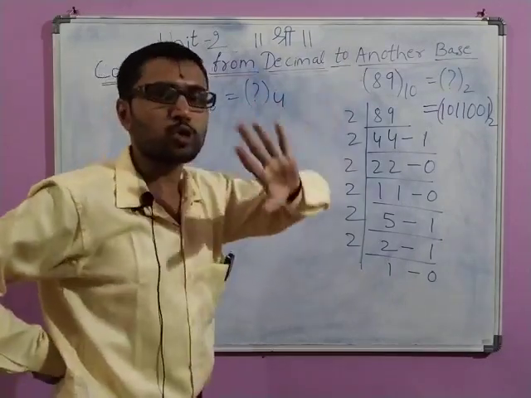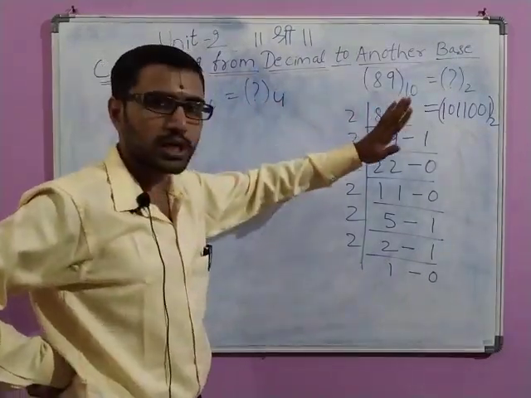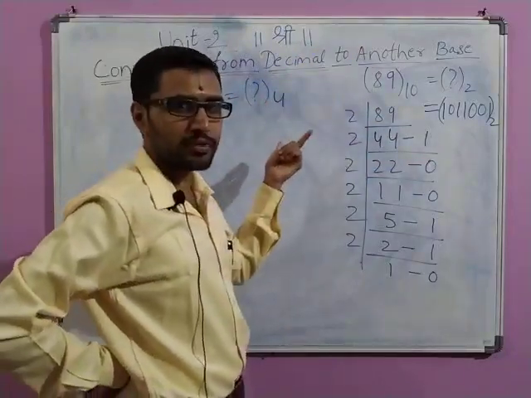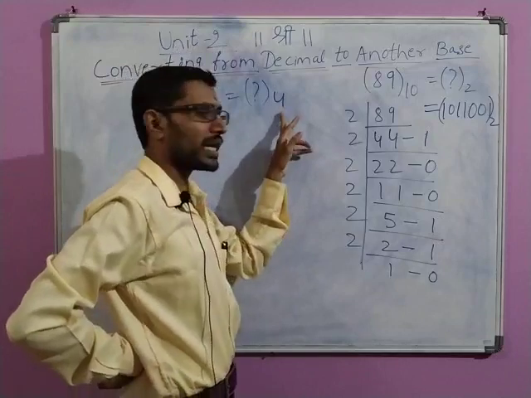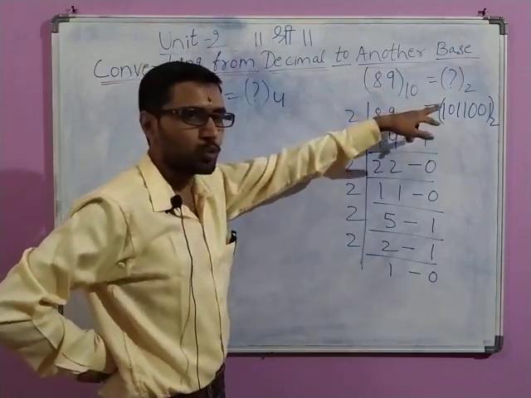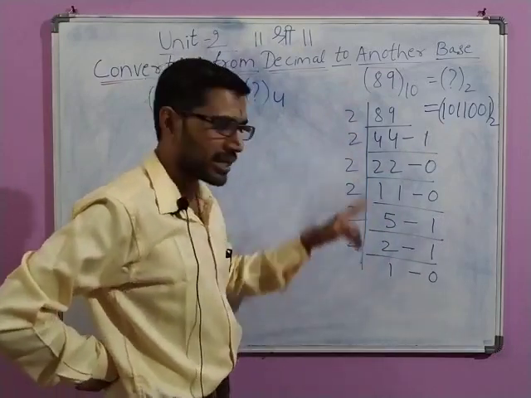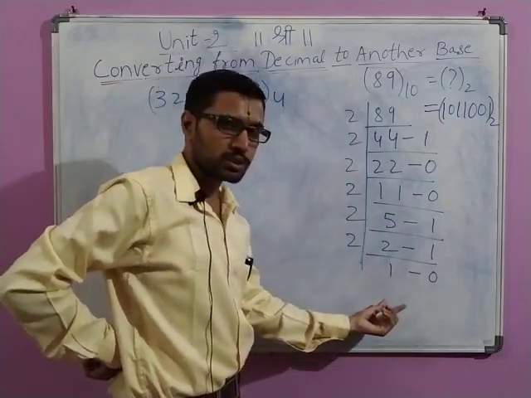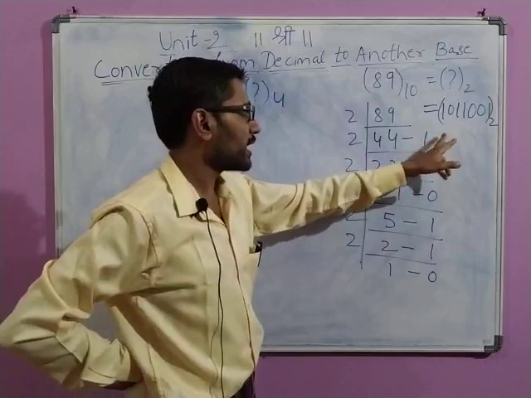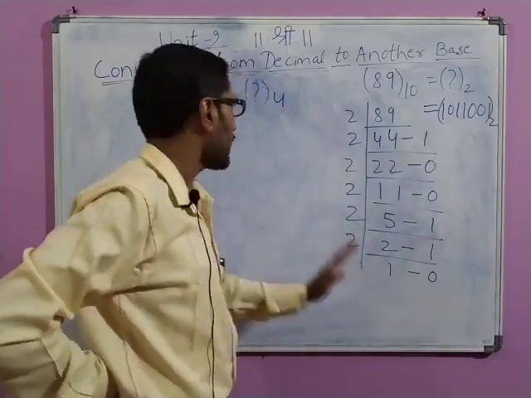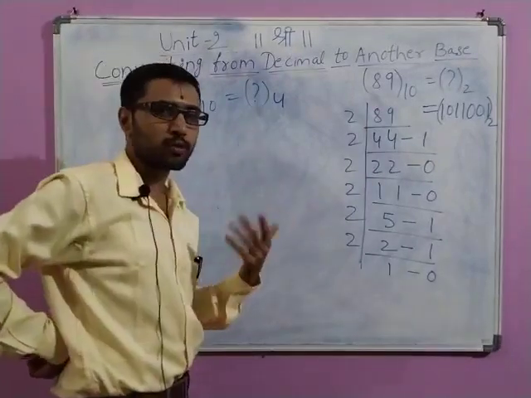So the procedure is going to remain the same. What was the procedure? Take the number and divide it by the new base. Earlier it was 2, now it is 4. Go on dividing until the quotient becomes 0 and write the remainders.